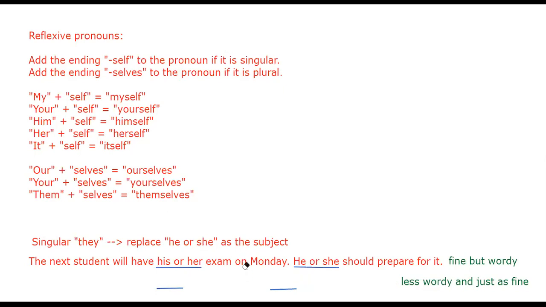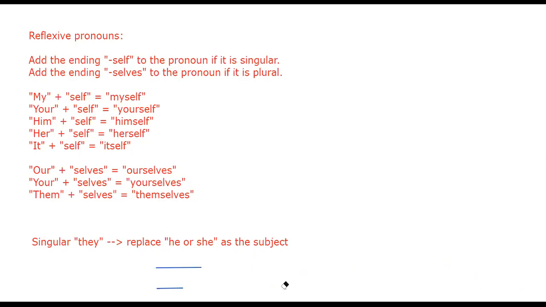So you cannot say, let's say that Martha is a girl, Martha left their book bag downstairs. You can't say that because this does not agree with the noun Martha.